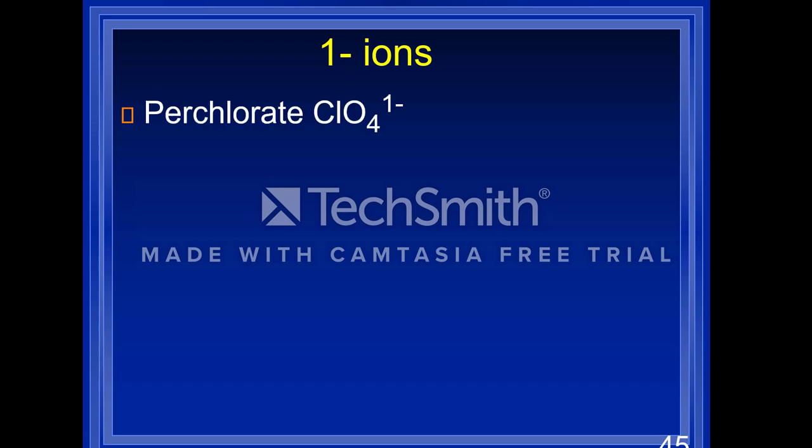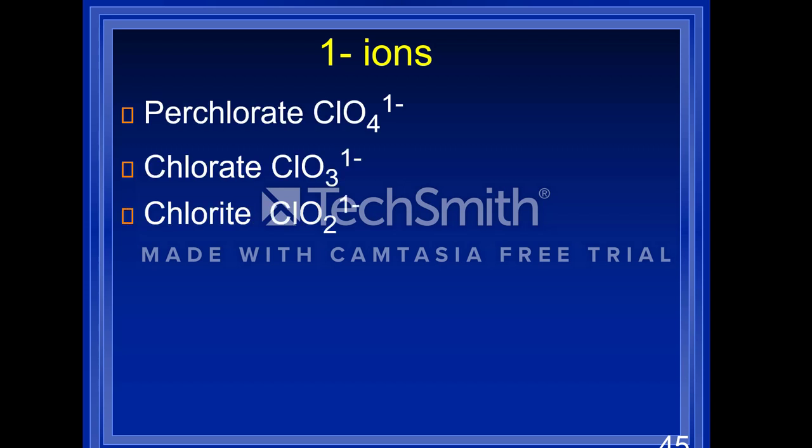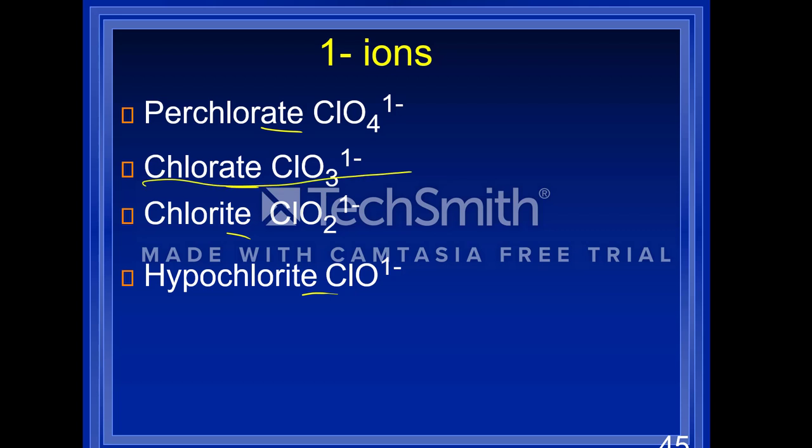Then there's a whole bunch of ones with ClO in them. They all end in ATE or ITE. I think of the ATE version as the root. Then with 1 less oxygen, there's chlorite.